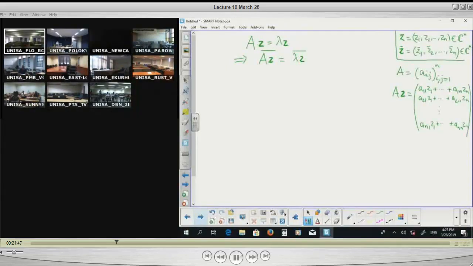Conjugate of this, by definition, at each point you are going to take the conjugate. But you know, conjugate of AB is conjugate of A times conjugate of B, and conjugate of A plus B is conjugate of A plus conjugate of B. So conjugation actually preserves addition and multiplication. Therefore, Az conjugate will be this.